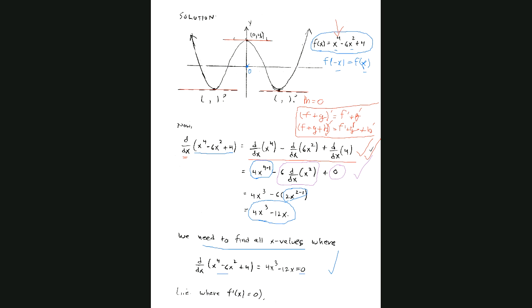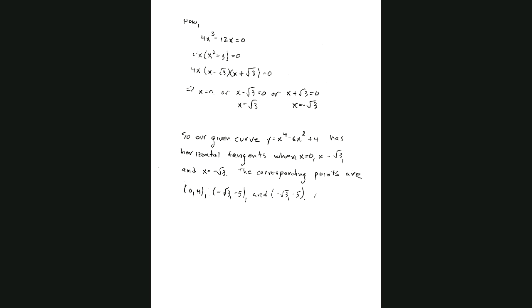And so now what we have to do is solve the equation 4x cubed minus 12x equals 0. All right, I'll move to the next page. Now we never want to divide by the variable.